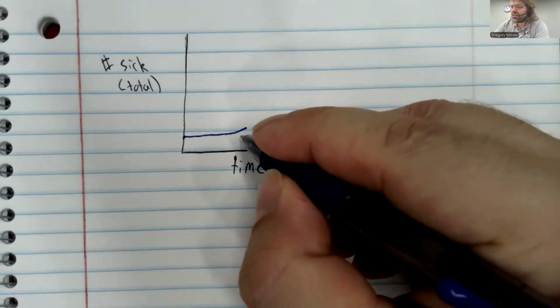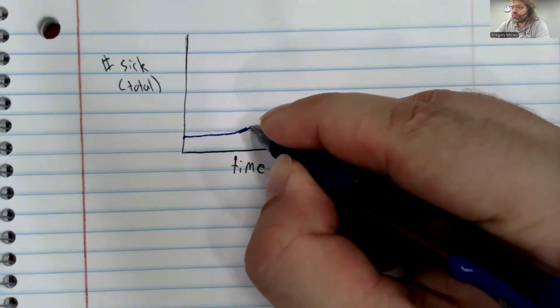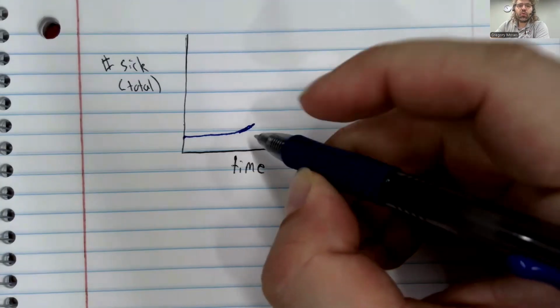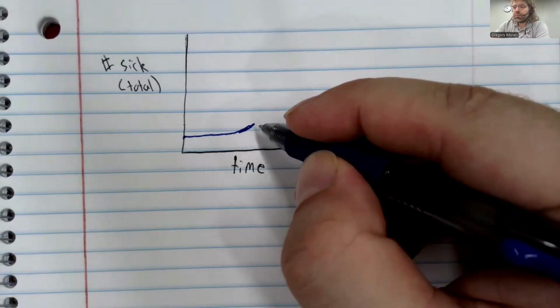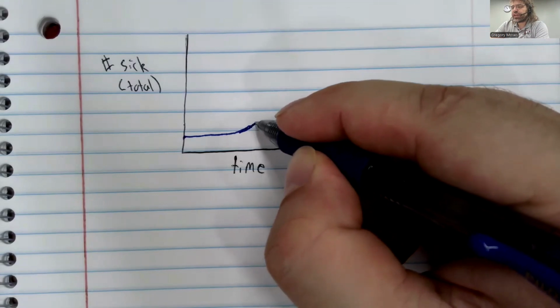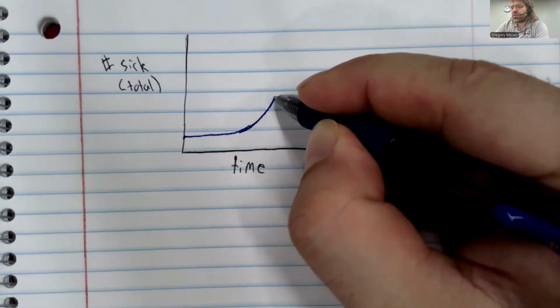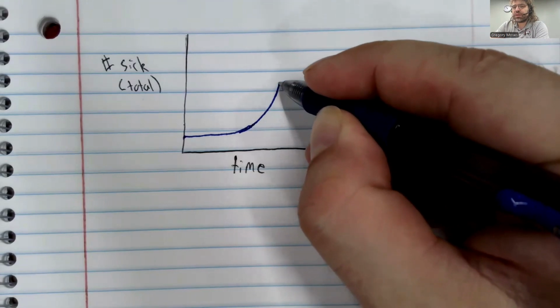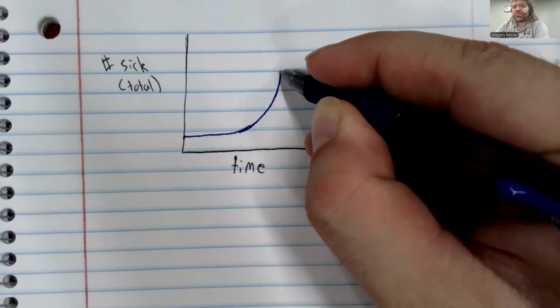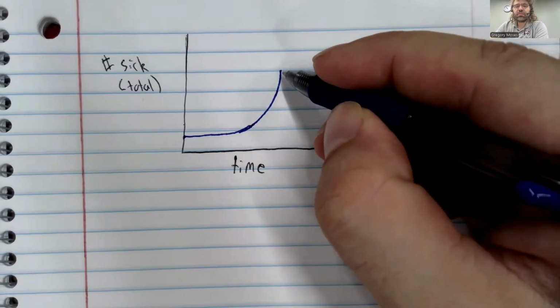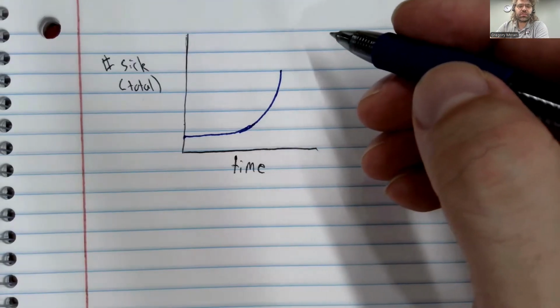So it increases slowly. But as more and more people get sick, more and more people are spreading the disease. So it eventually picks up speed and increases faster and faster.